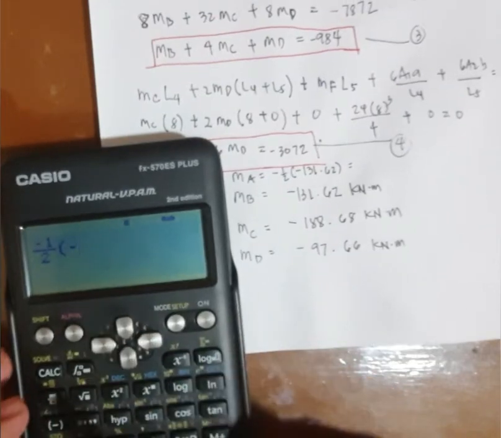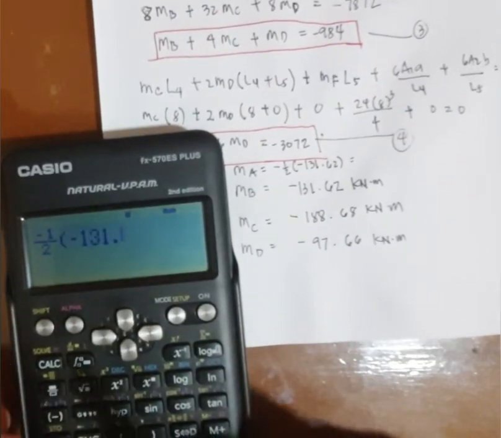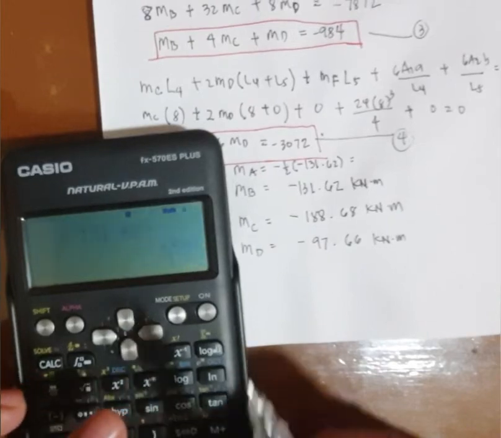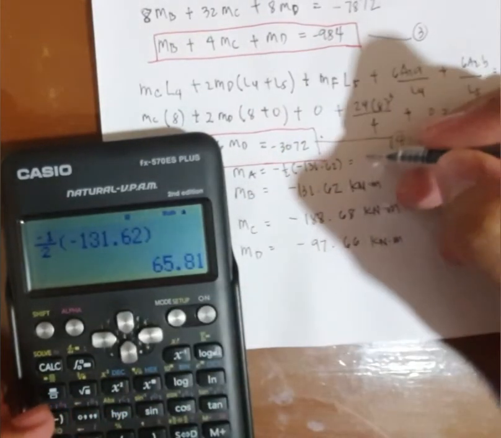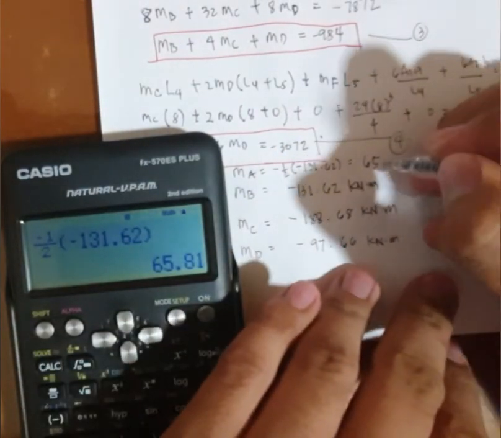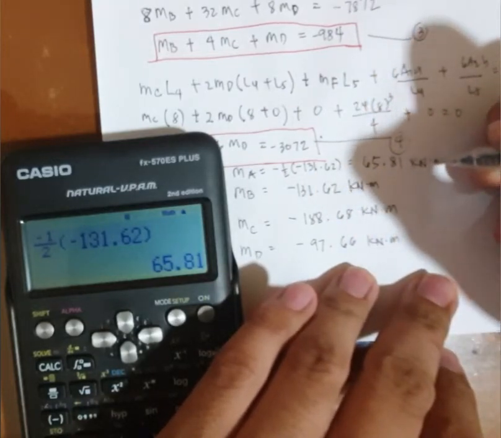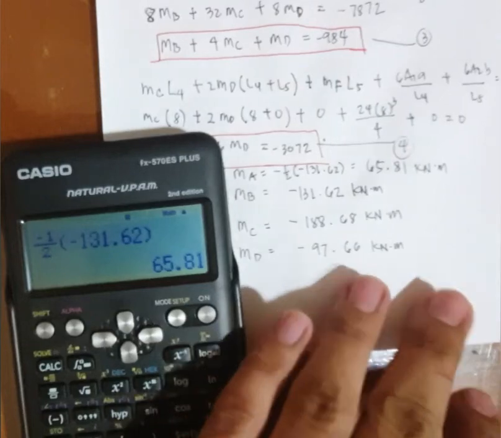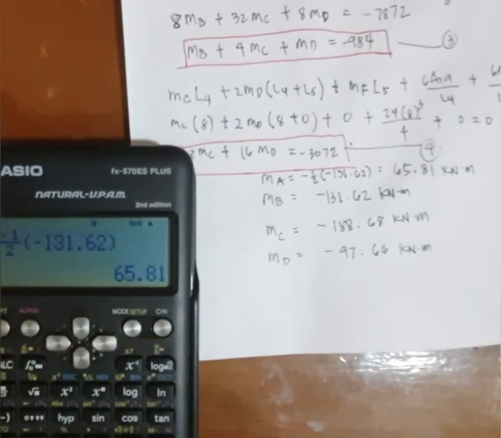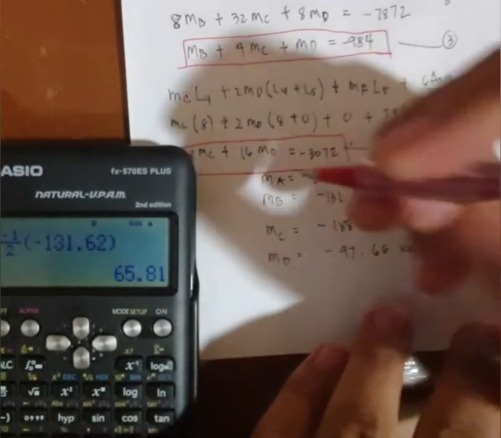So you have a positive moment of 65.81 kilonewton meter.